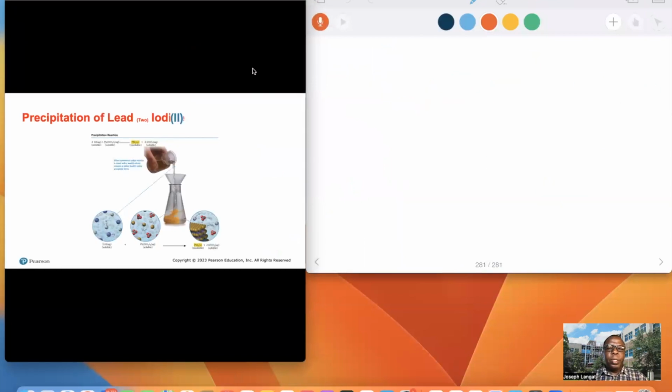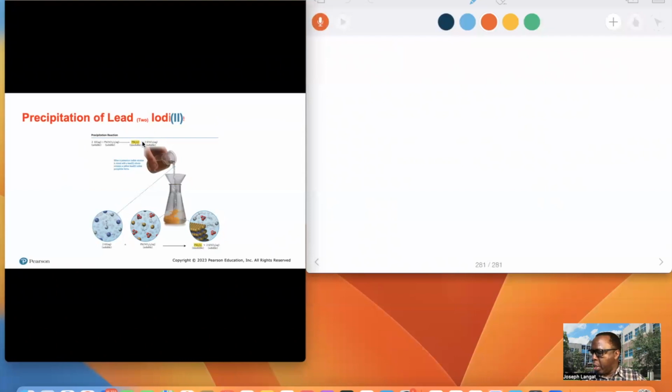Remember, in chapter 3, we learned how to write the formulas for molecular compounds, for ionic compounds, and for acids, either binary acid or oxy acid. So this equation you see here, I will rewrite it.